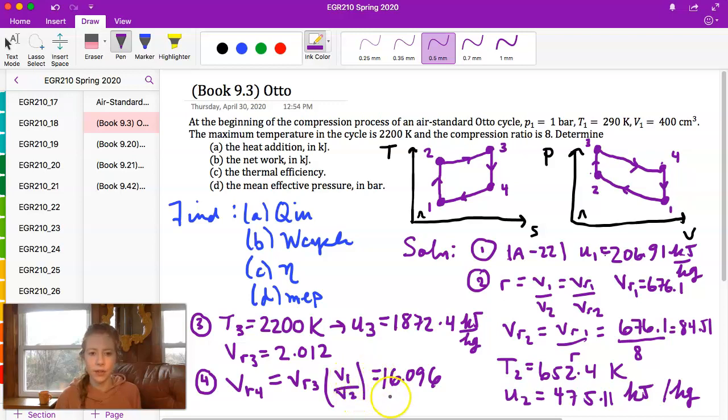All right, and that's going to be the same as, we could have also found that by doing R times VR3, right? Since V1 over V2 is the same as VR1 over VR2, which is the same as R, which is 8. All right, and so from that we can get the temperature, and I'm going to add another sheet for that.